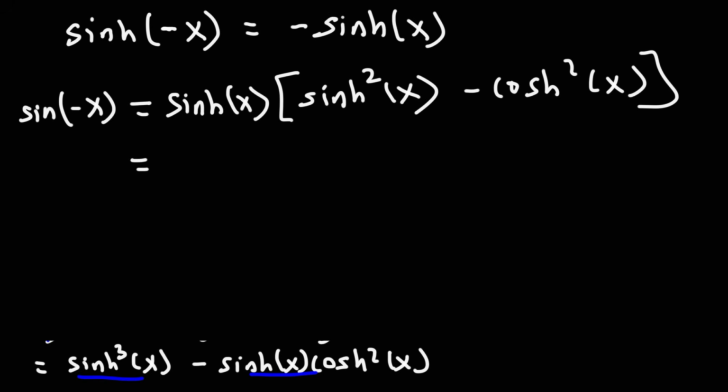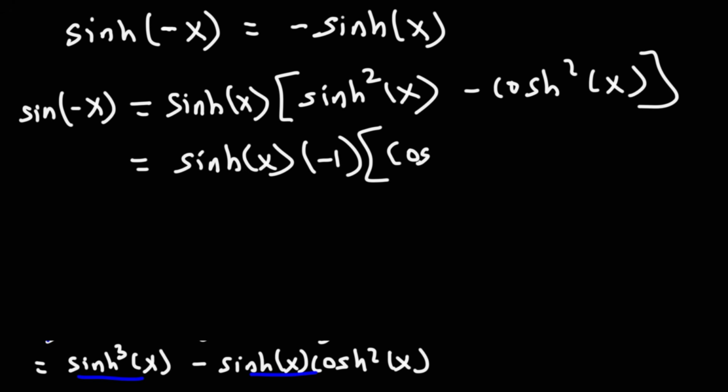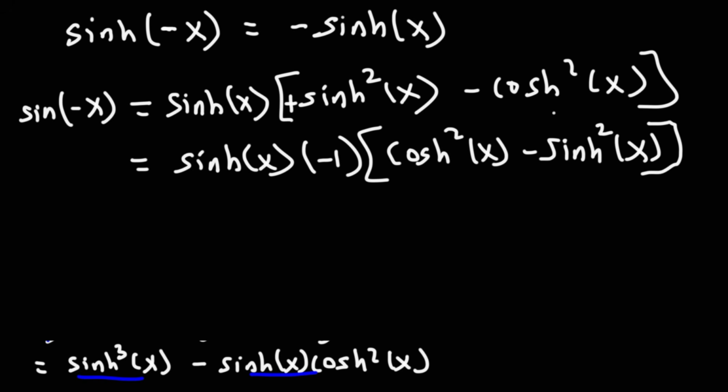So what I'm going to do first is I'm going to factor out a negative 1. Negative cosine becomes positive cosine, and I'm going to write that first. Positive sine squared will become negative sine squared. And this is one of those identities that you need to be familiar with. This one equals 1.